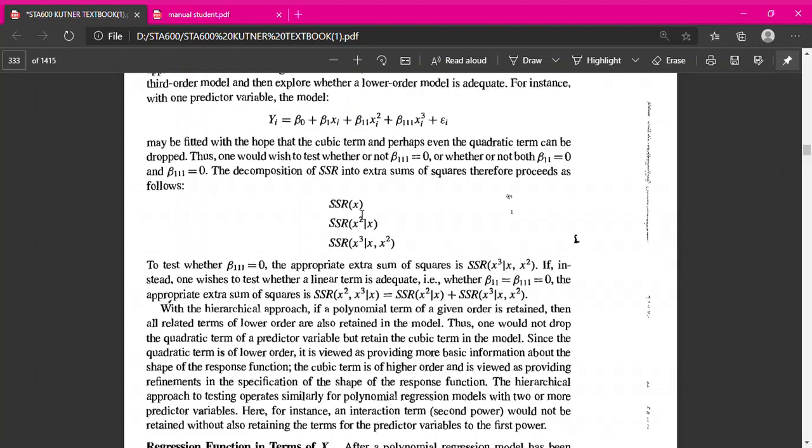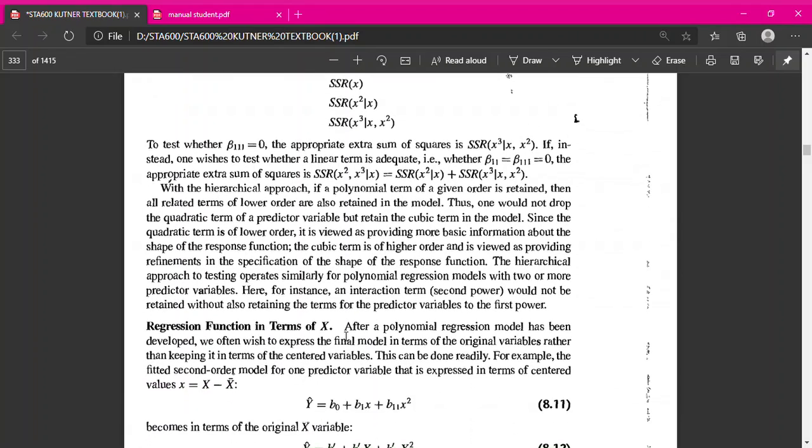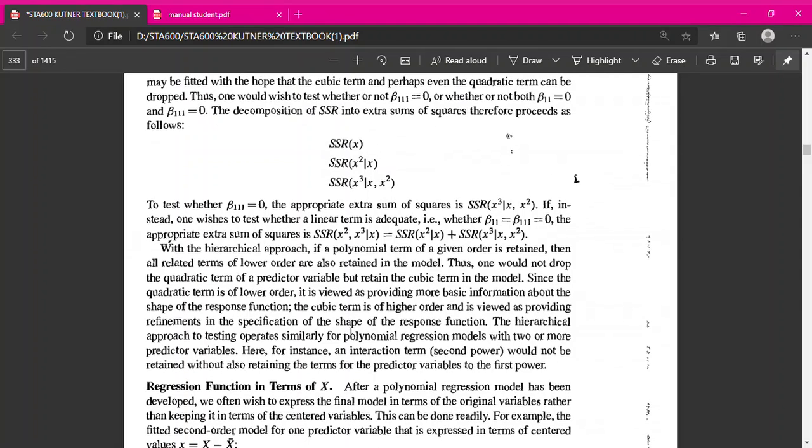So sama juga, bila kita dah ada X dengan X square model, kita nak check pula bila kita masukkan X cube dalam model, adakah ia memberi kesan yang banyak ataupun tidak. Okay, so actually yang lagi elok sebenarnya kita gunakan lower order model. Kita boleh check lah sama ada lebih sesuai lower order model ataupun higher order model. Kita boleh check one by one, sebab tu kita check daripada satu, lepas tu kita tengok pula second order, tengok pula the third order.